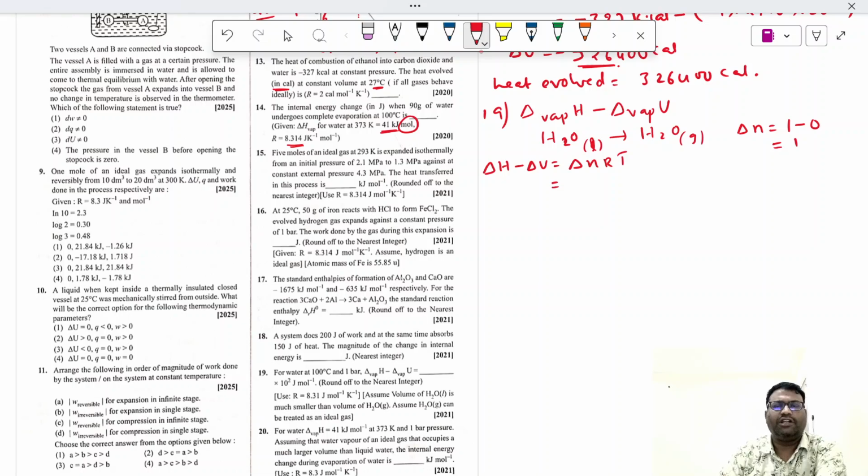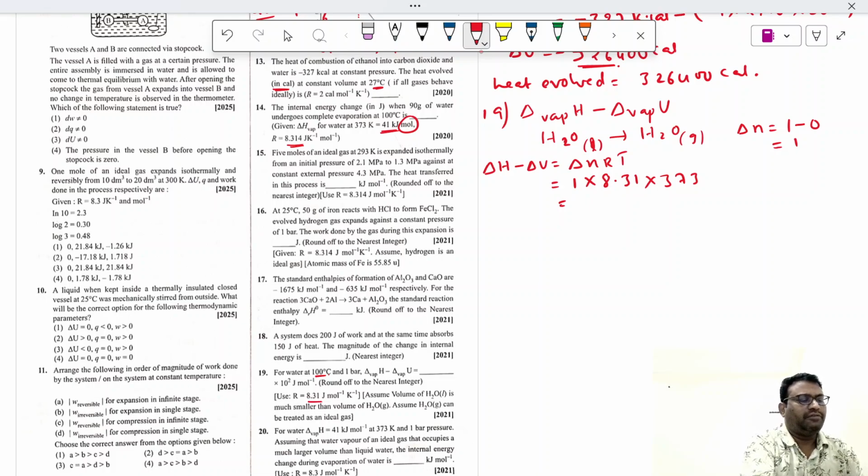That is equal to delta n is 1. R value given, okay, 8.31 into, and the temperature given, temperature is at 100 degrees centigrade, 373 Kelvin. So then what answer do we get on multiplying this?